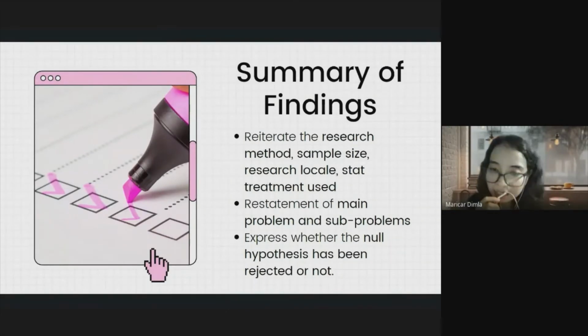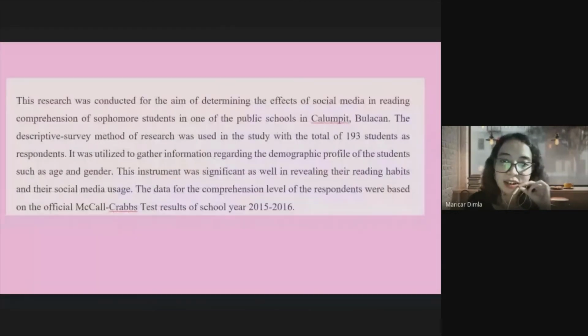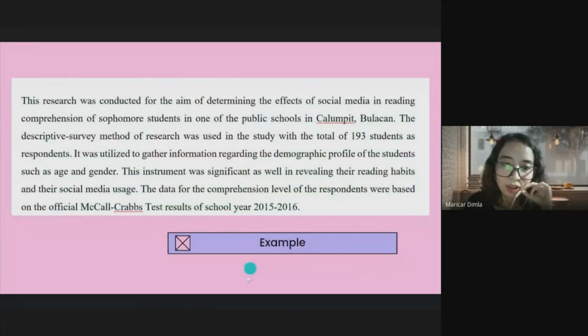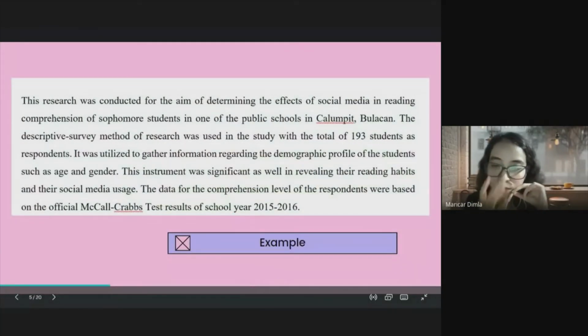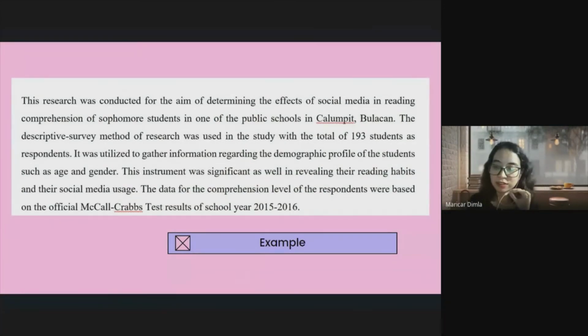And then lastly, you need to identify if your null hypothesis is subject for rejection or not. Okay, let's have an example here, class. Alright, step 1, identify the research method being used on this example. Identify the research method on this sample.